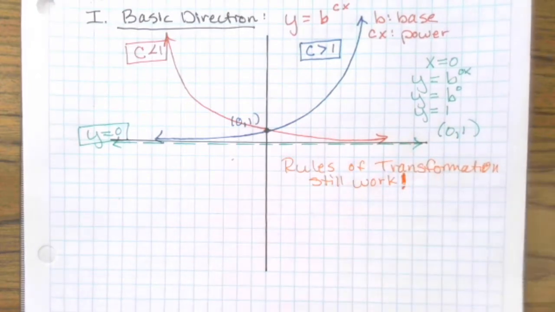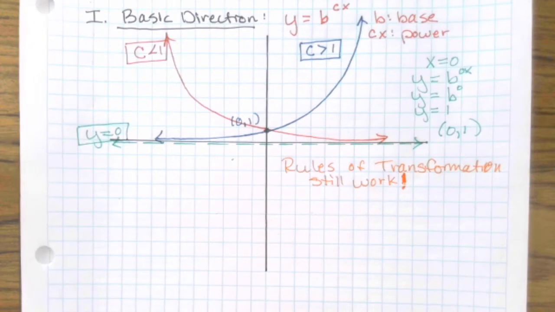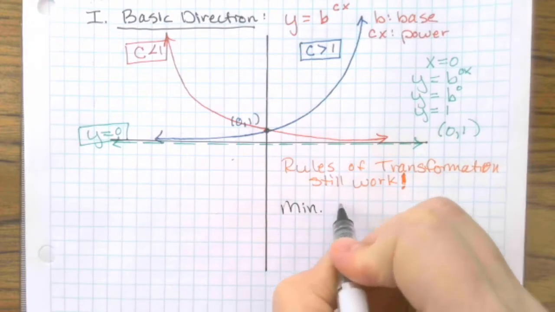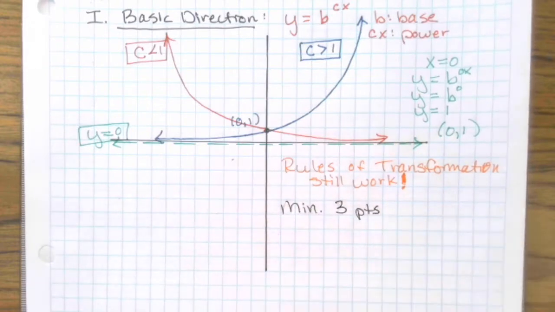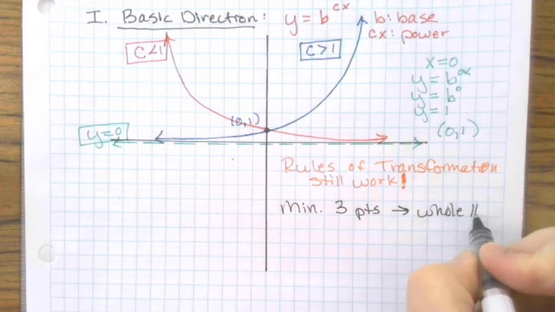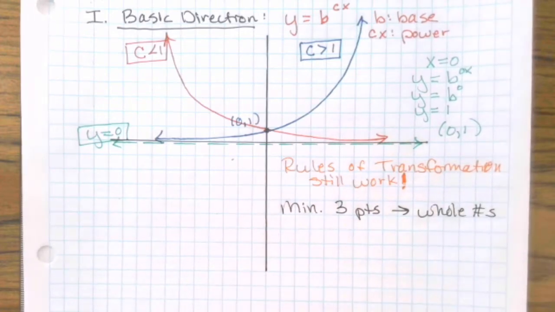You can use the exact same ones that you've memorized for other types of functions. In general, if you're going to be graphing an exponential function, you need to have a minimum of 3 points to work with. Naturally, you want them to be whole numbers as often as possible, but that isn't always possible.